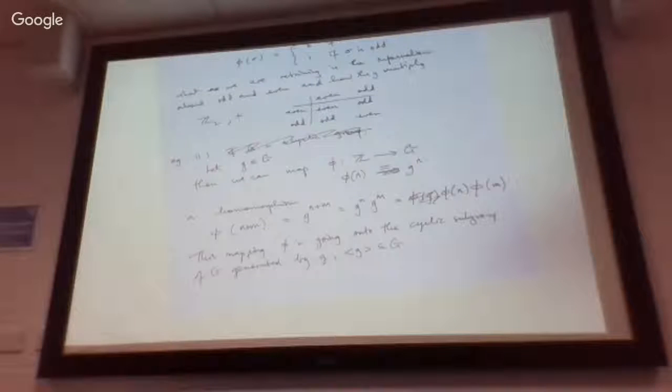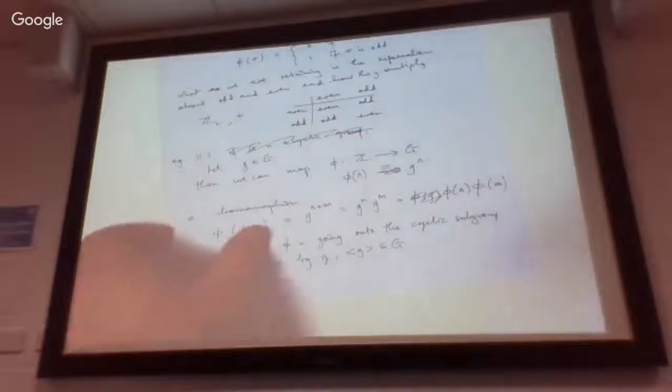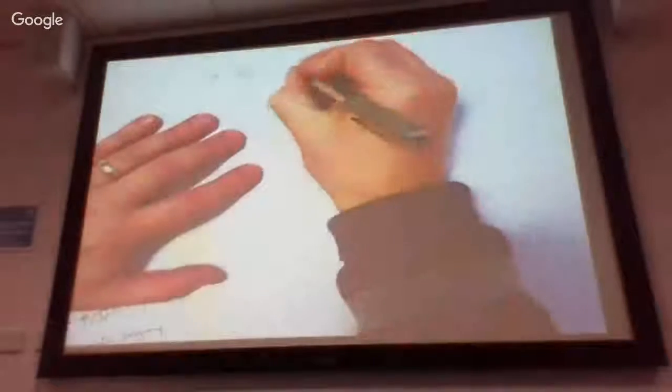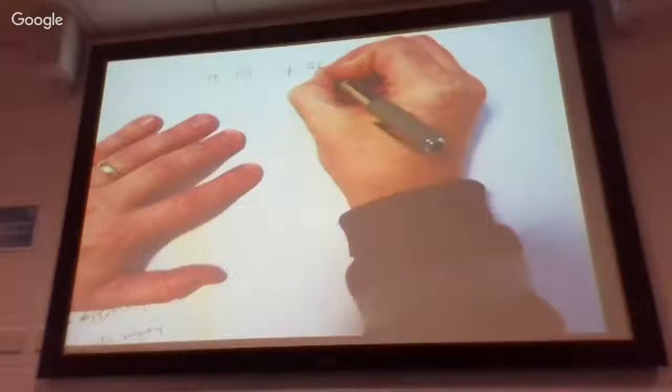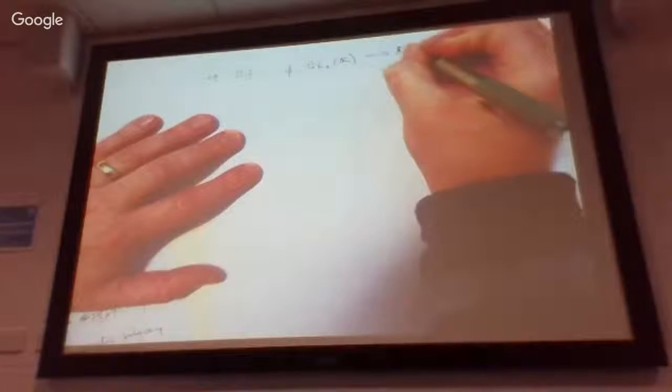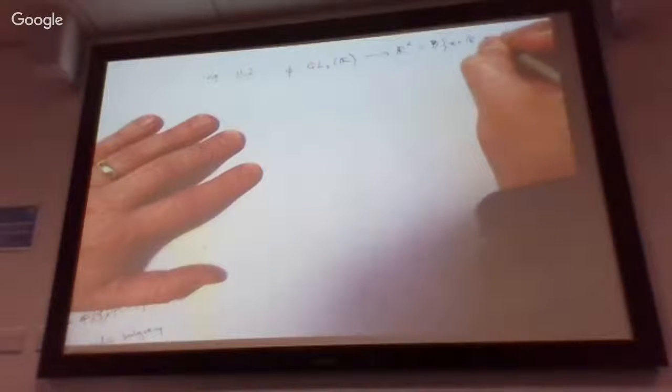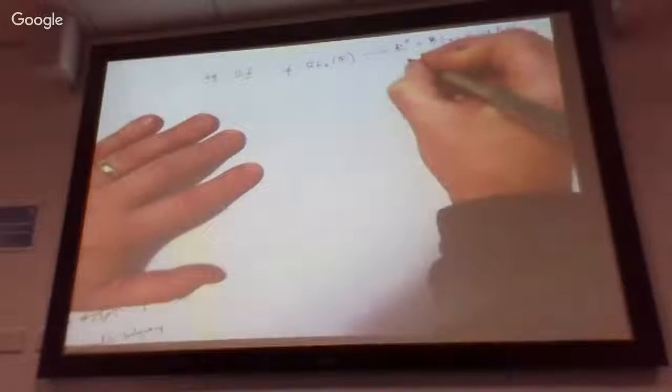Another example given in the book, dealing with matrices. This is 11.2. This is another homomorphism going from GL2(R) to R star, which is the set of non-zero real numbers under multiplication.